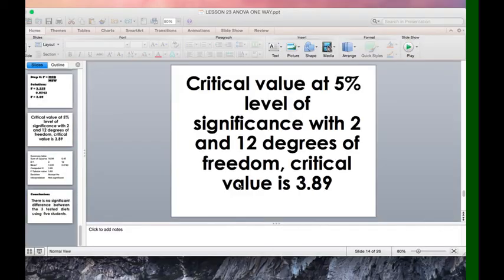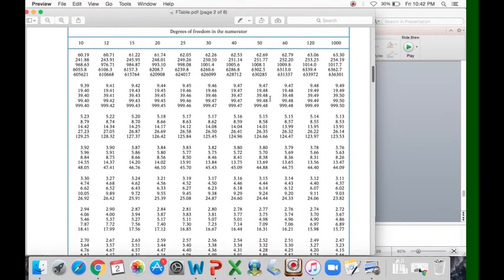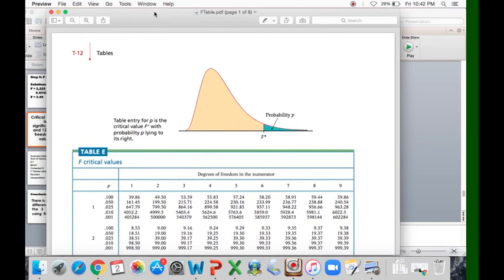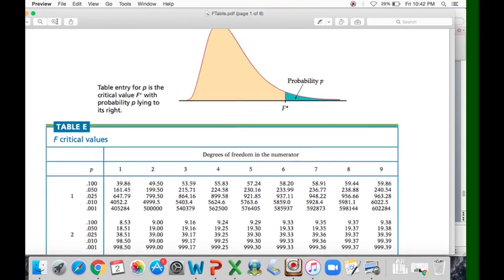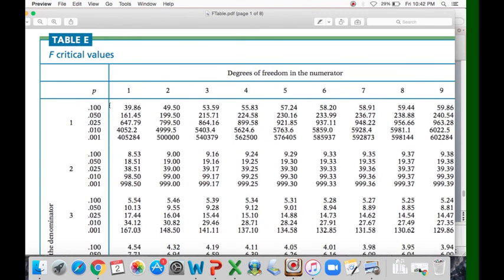To check this, let's have this F table. So you may download this F table in Google. So let's make it bigger. Okay, so our degree of freedom for the numerator is 2. So this is 2.